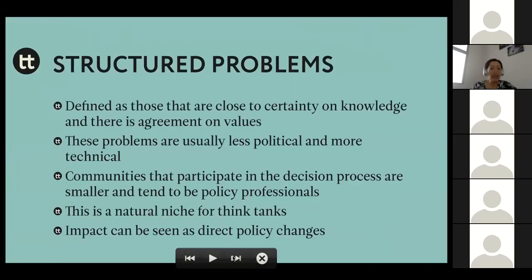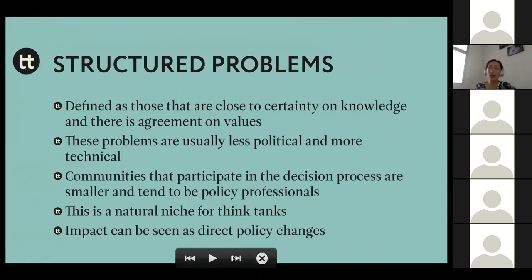As I was saying, the structured problems are those where we already have a lot of certainty around the issue, and there is a lot of agreement around the values. These problems are the ones that tend to be more technical and less political.